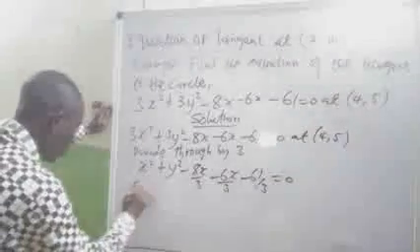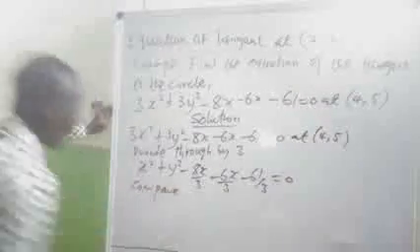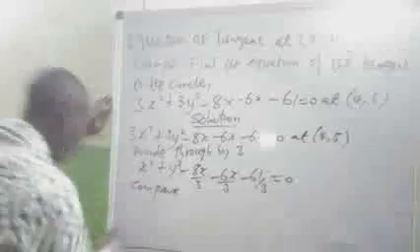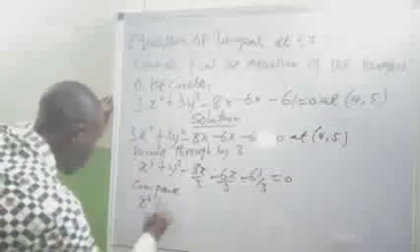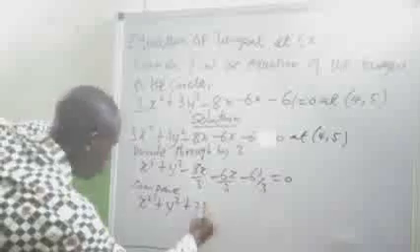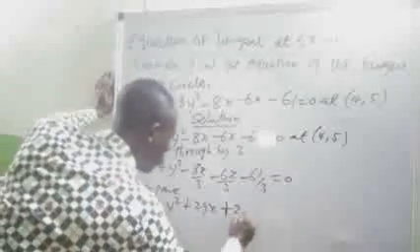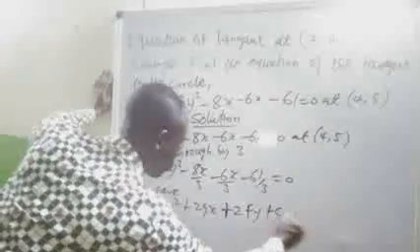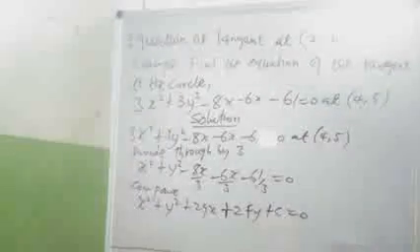So if I compare with the equation, what is the equation? The equation is x squared plus y squared plus 2gx plus 2fy plus c equals 0.